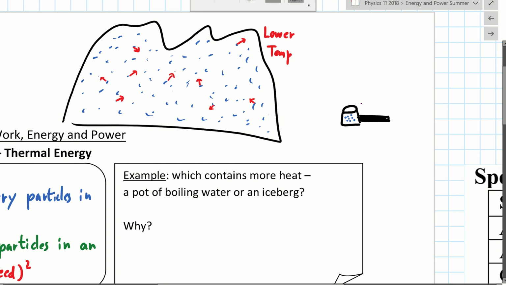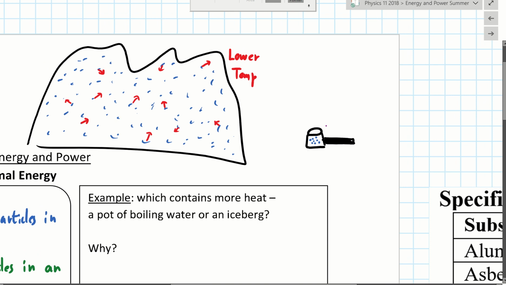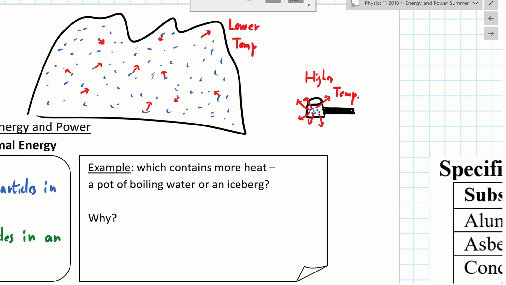I'm not going to continue to draw this because it will take me forever. But then, the pot of hot water, all those particles are moving very fast. I mean, it's hot, so they all have incredible speed. So this one will have higher temperature, of course, because it has higher kinetic energy. But if we are asking which one has more thermal energy, now remember, thermal energy counts the total.